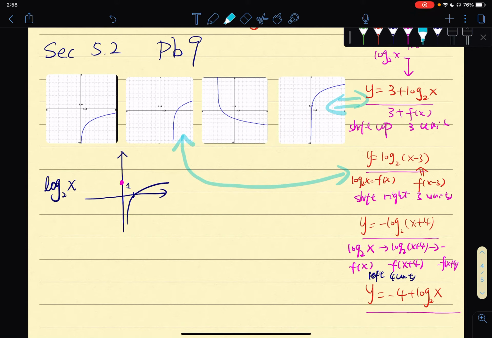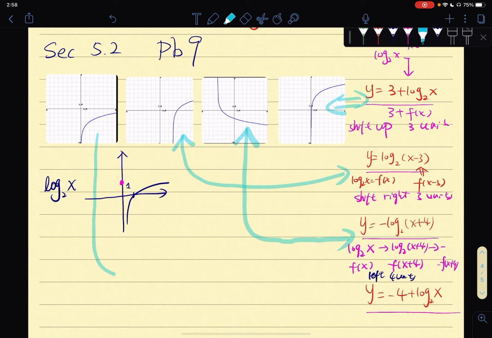So your graph conceptually looks like this, which goes through the point negative 3. And then you do a mirror reflection because you add a negative sign in the front, so your graph goes like that. Actually, this is the only one that's going to have a reflection, so it's upside down, so your graph must be that. So that's the connection between those two.